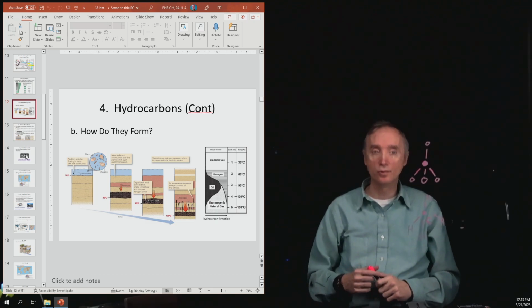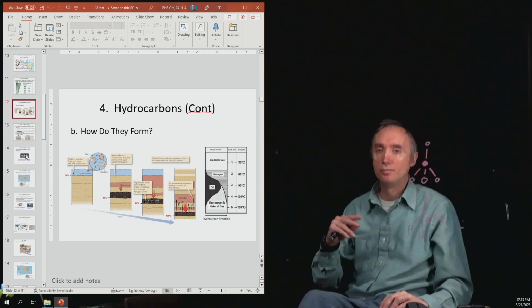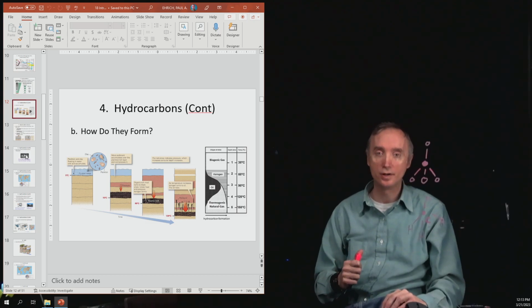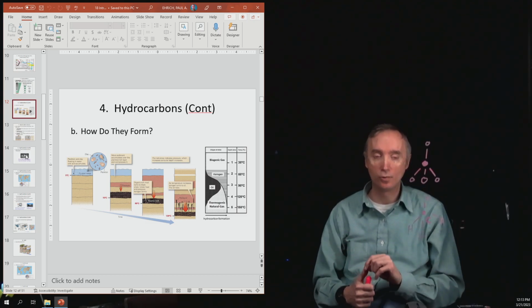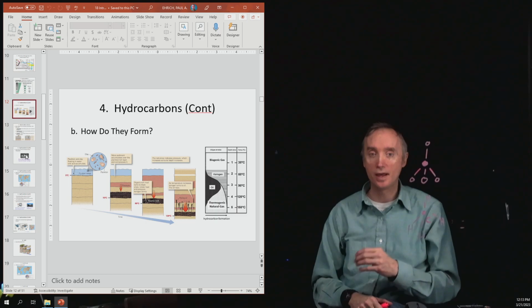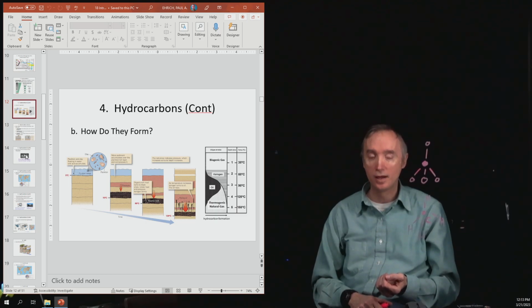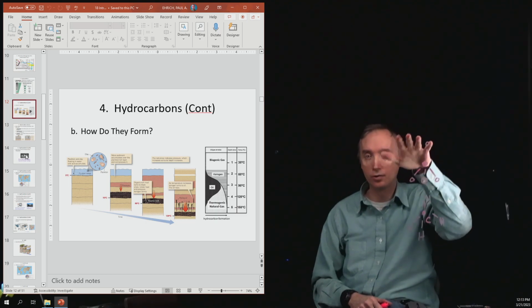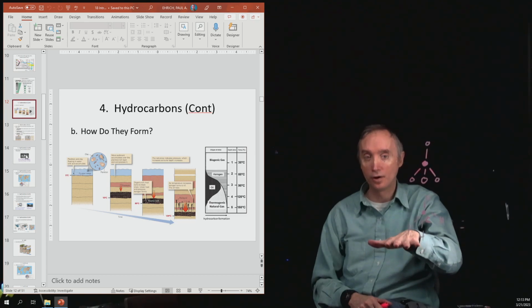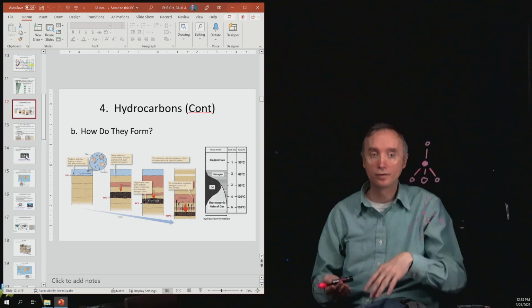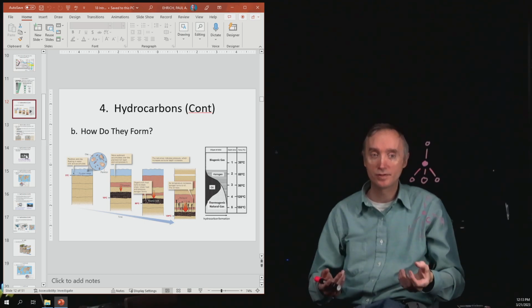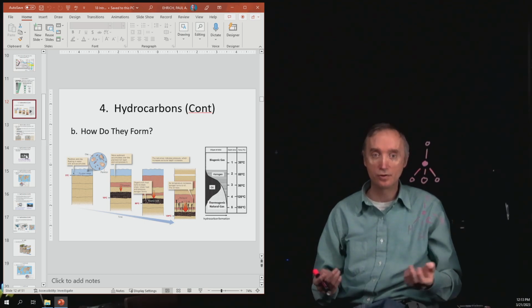So we're going to start with microscopic organisms that live in the ocean, and they are going to be made of carbon. And then when they die, they are going to accumulate on the ocean floor. Now, if they're not covered up, then what can happen is they decompose. And so that's no good.